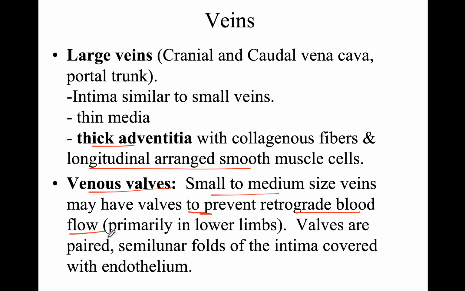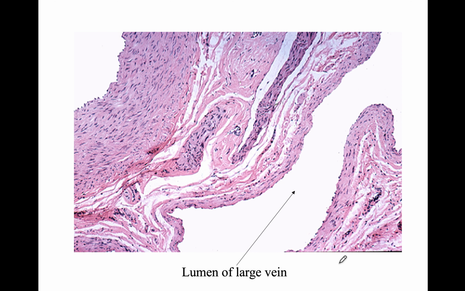But we don't want this blood to return back to the lower limb, so the valve prevents this retrograde flow. Usually these valves are paired, found in doubles. They are semilunar folds, and usually they are covered with endothelium.